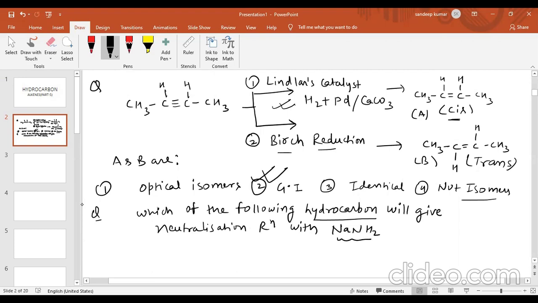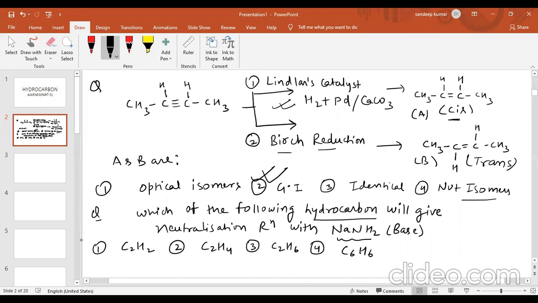As we know, this sodamide is basically a base. So the options are: the first option is C2H2, the second option is C2H4, the third option is C2H6, and the fourth option is C6H6.